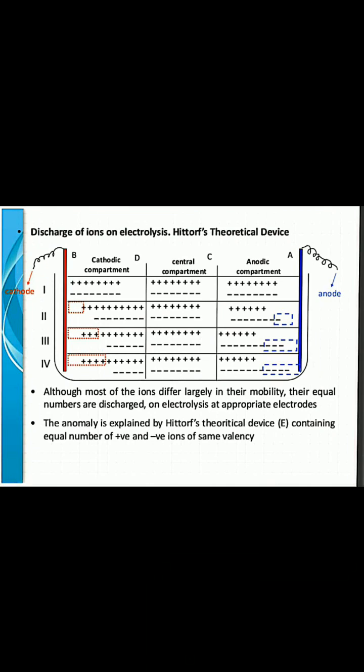This device shows that although most of the ions differ largely in their mobility, their equal numbers are discharged on electrolysis at the respective electrodes. Second, the anomaly is explained by Hittorf's theoretical device containing equal numbers of positive and negative ions of the same valency.